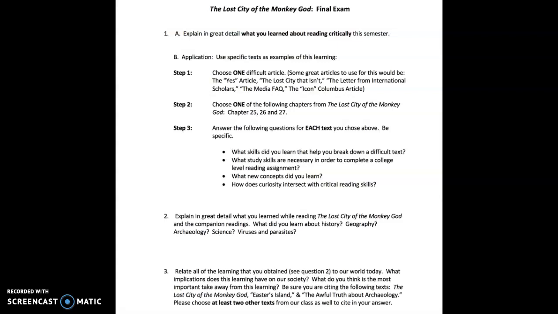I will not bend on that, so I just want to be very clear that it has to be done by Wednesday. You will have 3 days to complete this. Usually you would have 3 hours in class. So I think that 3 days is plenty of time for you to figure this out. And if it doesn't get in by 11:30 on Wednesday, you will get a 0.